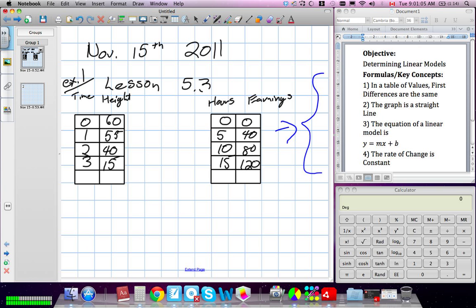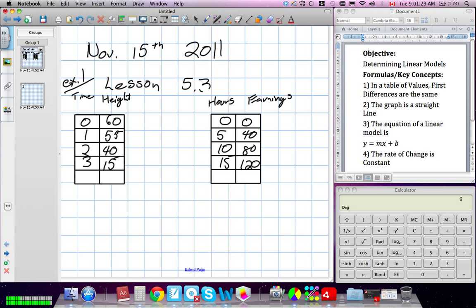The very first one says that in a table of values, first differences are the same. So when we're talking about first differences, we're dealing with the dependent variable, or the variable that would go on the y-axis. I have a graph here of height and time.